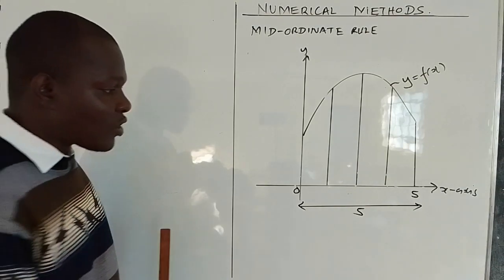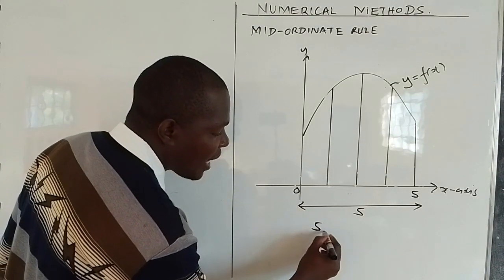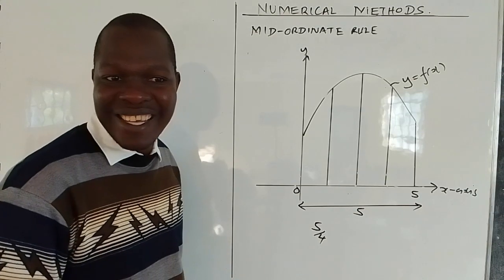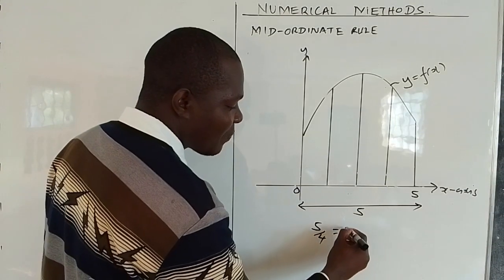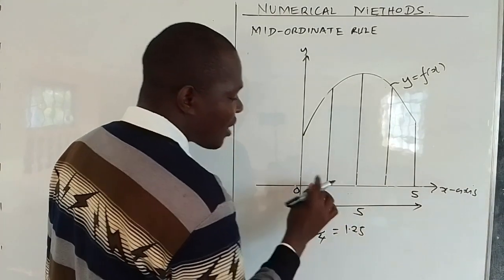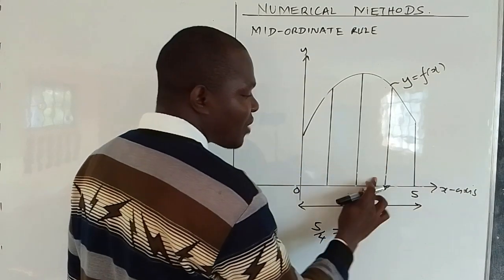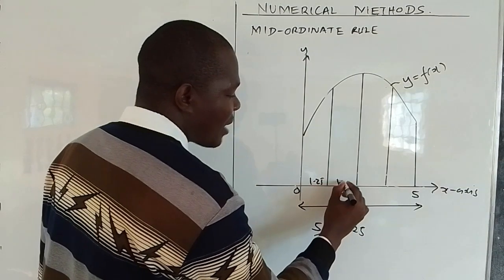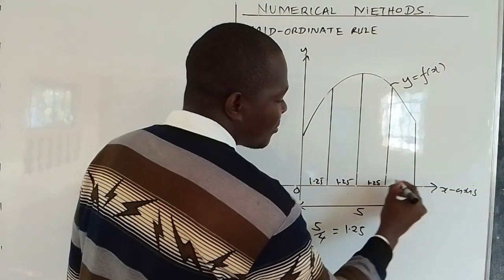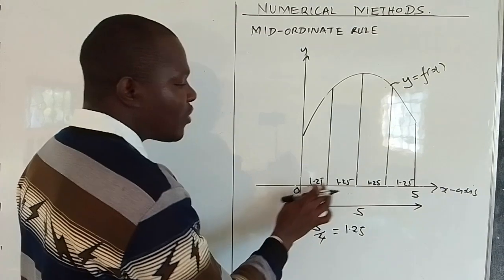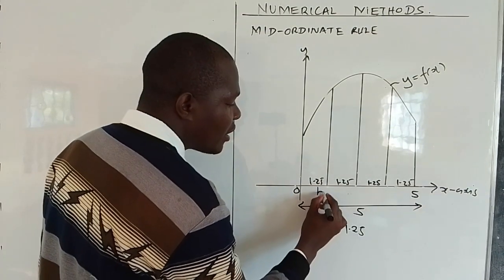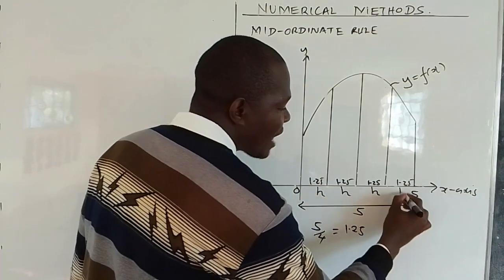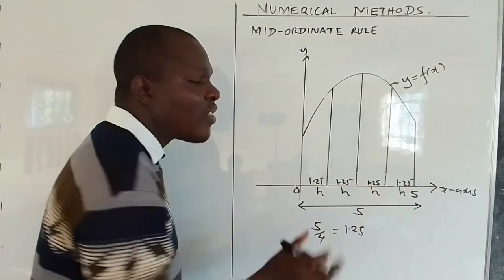So each interval is going to take the whole length divided into 4 equal parts. Each part is going to take 1.25, meaning here is 1.25, 1.25, 1.25, 1.25.